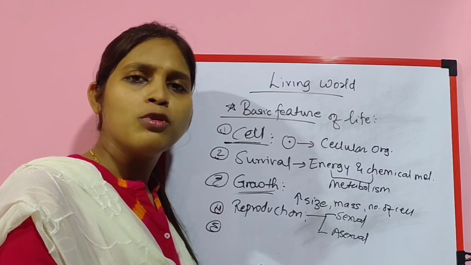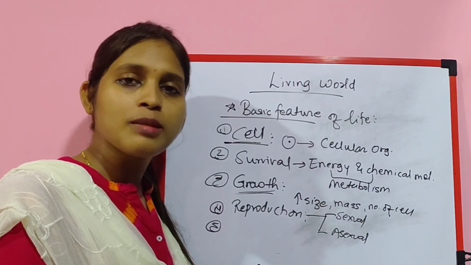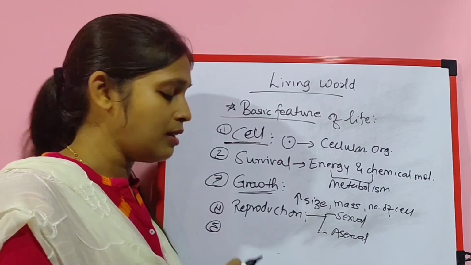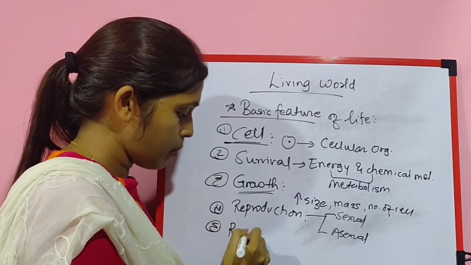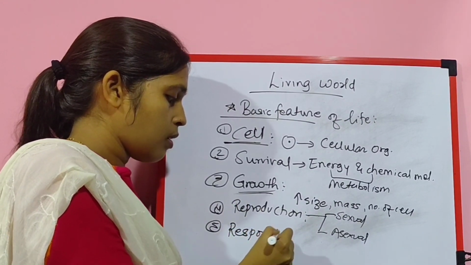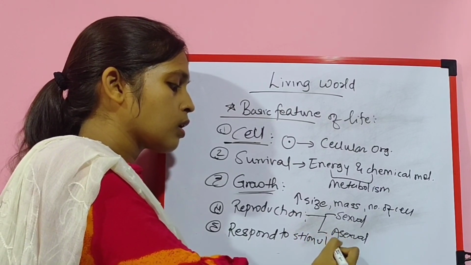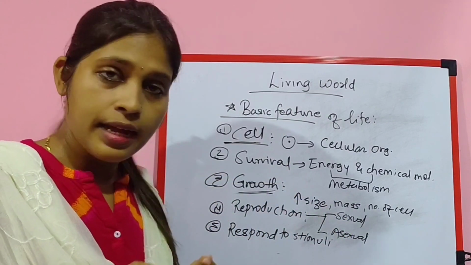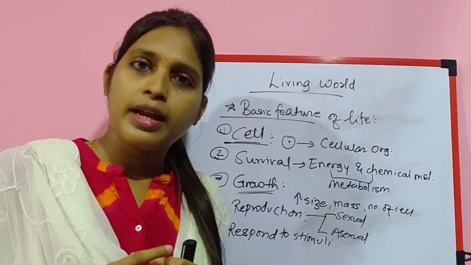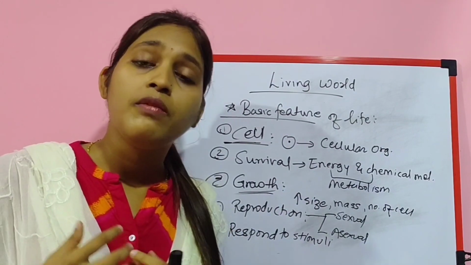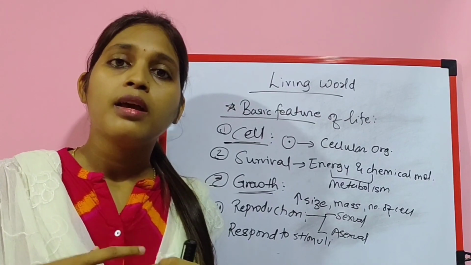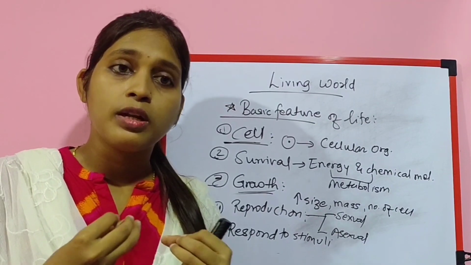The last and a very important basic property possessed by a living organism is response to stimuli. That is, all living organisms living in a particular environment, in a particular surrounding, react to particular things.